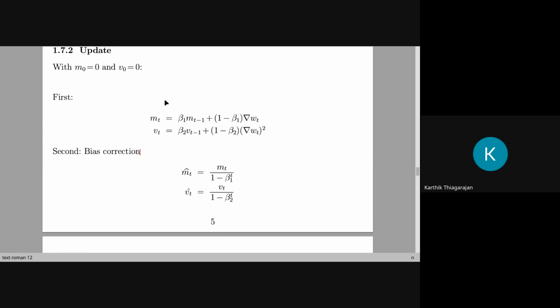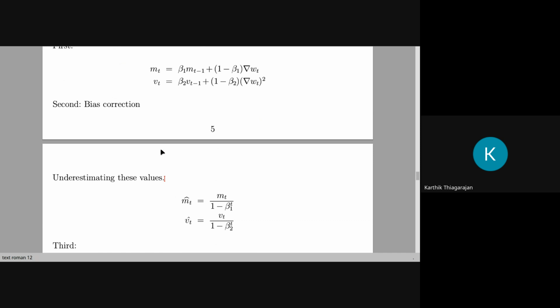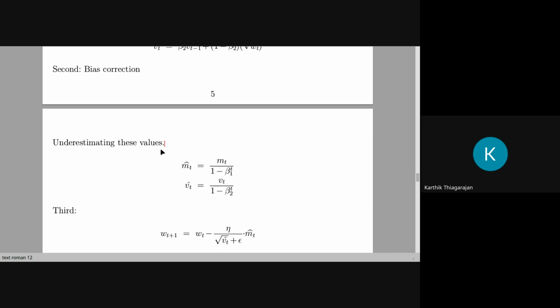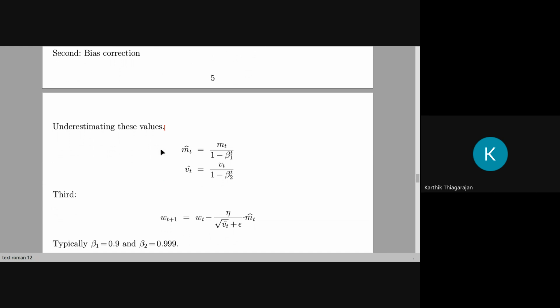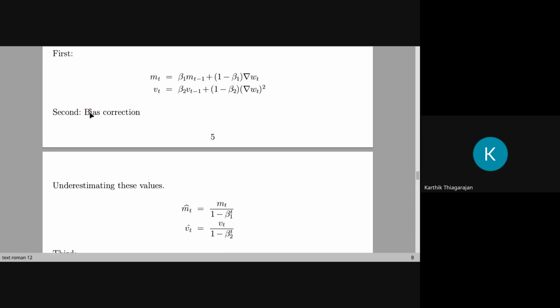So when you initialize them to 0, you are actually sort of underestimating these values. You're underestimating both M_t and V_t when you set them to 0. That is not such a good thing to do. So you bump these values by dividing them by 1 minus some fraction. That's an intuitive way of understanding this. I want to correct that, and that is called bias correction. They are biased towards smaller values. I don't want that bias, so I correct it by increasing their values.